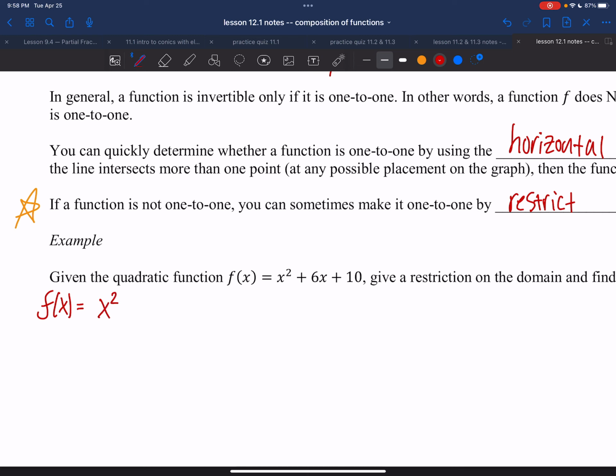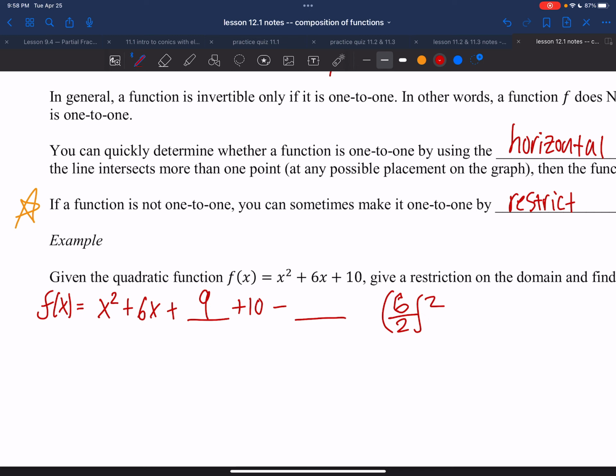You say x squared plus 6x plus blank plus 10. You can either add something to the left side or simultaneously subtract that same number from the right side, which is usually how I do it when I'm dealing with a function like this. We're going to complete the square. Take the coefficient of x, divide it by 2, then square it. 6 over 2 is 3, squared is 9.